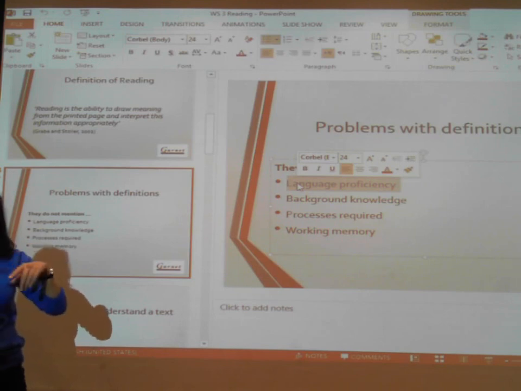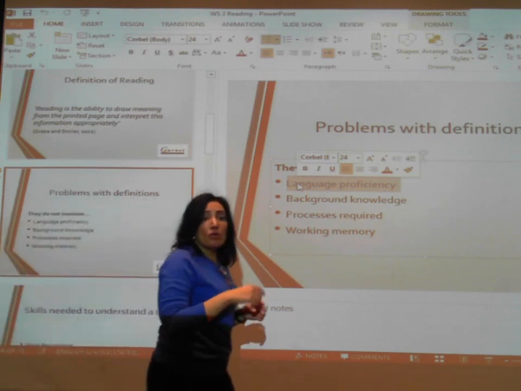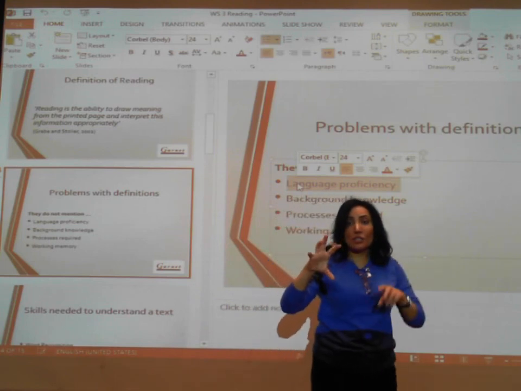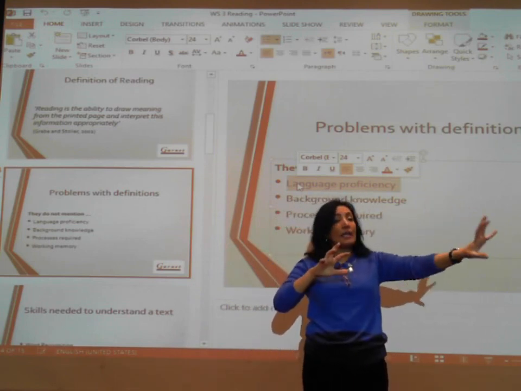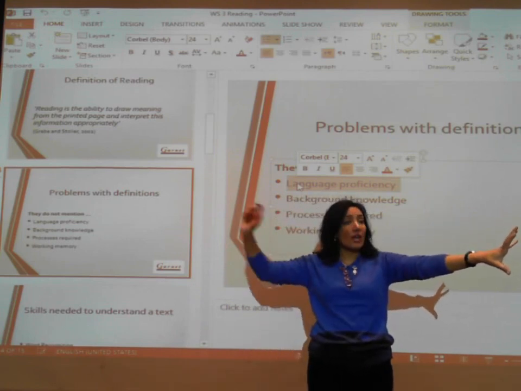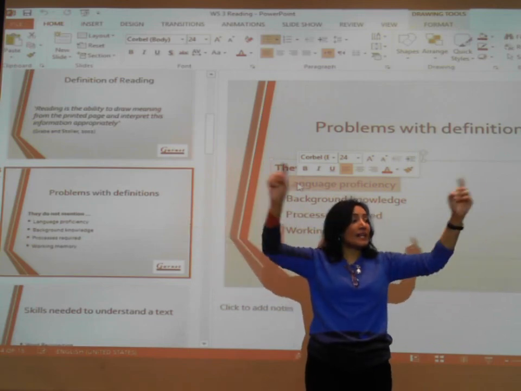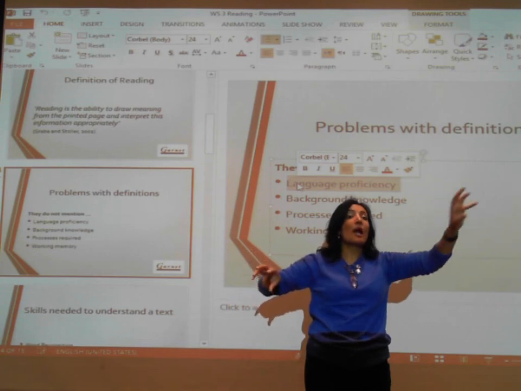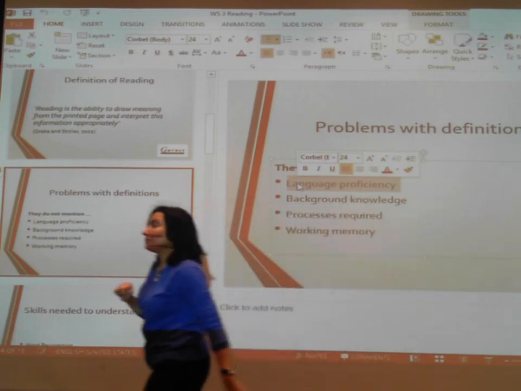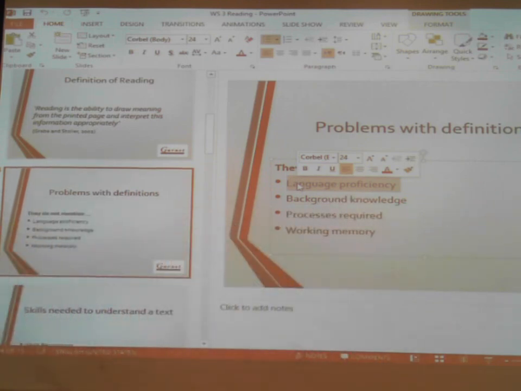For example, I can give an EL 112 student a reading passage and his colleague another one. He does well with the reading passage, the other does not. Right? So they are placed in the same level, yet the language proficiency is an obstacle for one of them. Right? Then, it also didn't tell us the background knowledge.